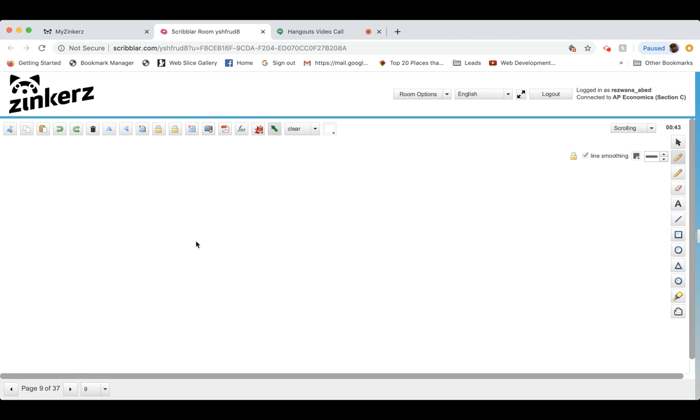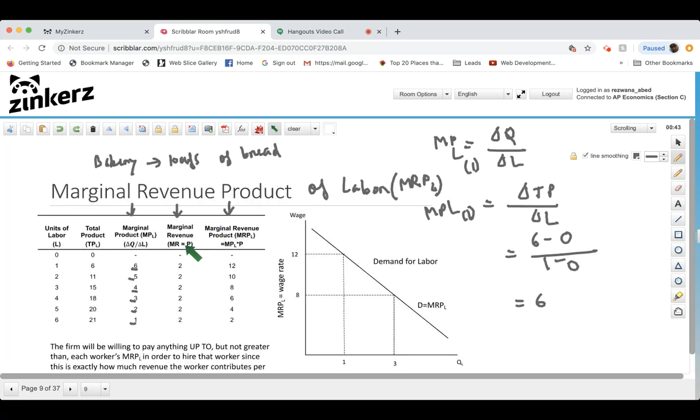And because I said that price is equal to marginal revenue, since we assume a perfectly competitive product market, I could rewrite this as MPL times P. I could have left it as MPL times MR, but it's good for us to know both.